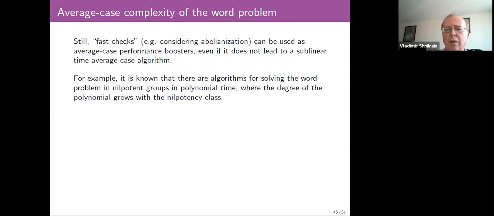Paul Shuk. Fast checks are useful in addressing various problems, not just the word problem, also the conjugacy problem and some other problems in group theory, because when you have a fast check algorithm to run in parallel with an honest algorithm, you can often bring the complexity of this honest algorithm down, right? So these fast checks are average complexity boosters, right?